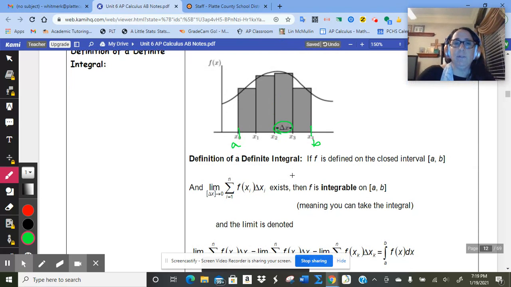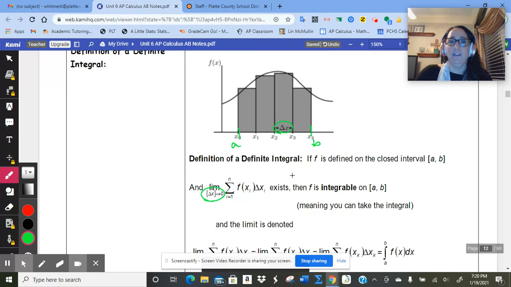So if I take that width and make it closer and closer together, as they go to 0, we're looking at all these infinite lines that actually have no width that we add together to get a whole big area.